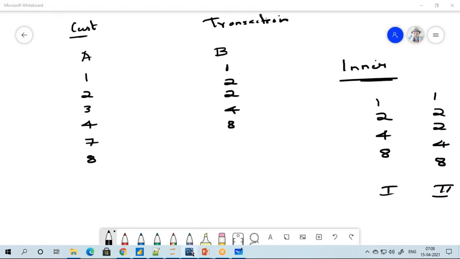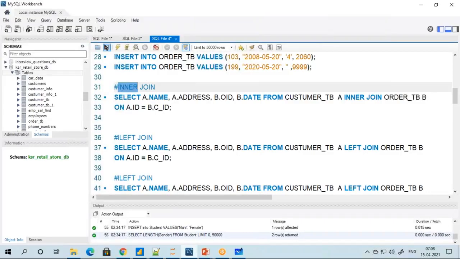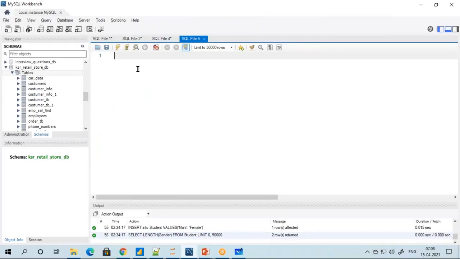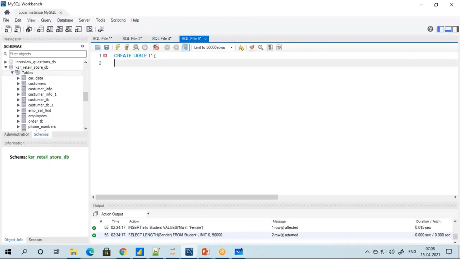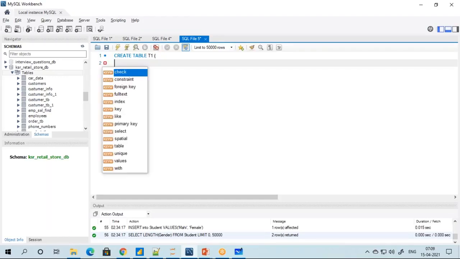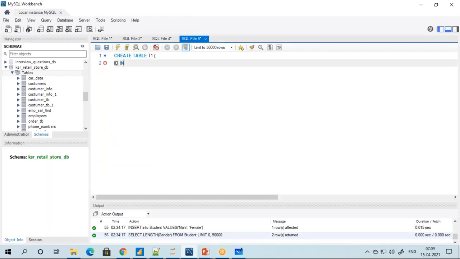Okay, let's do one thing. Let's verify it. How long is it going to take? So create table T1. I'll just say int. What is the column name? I'll just give ID, and I'll just give int.